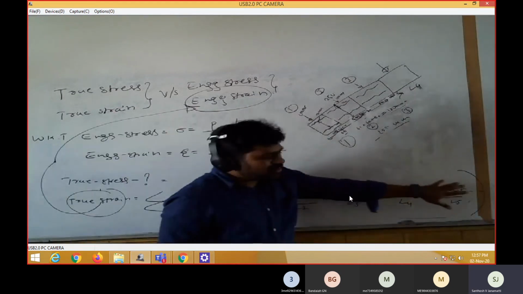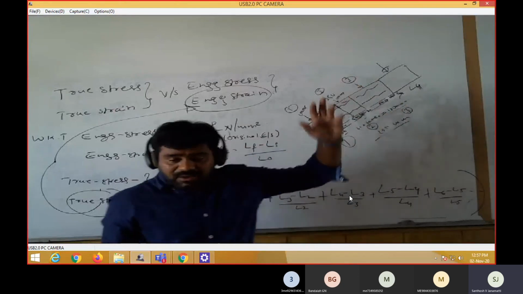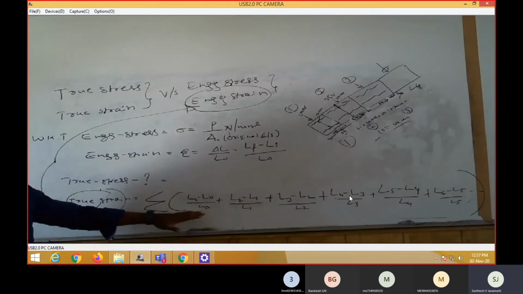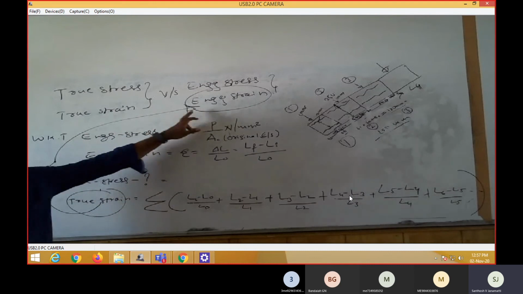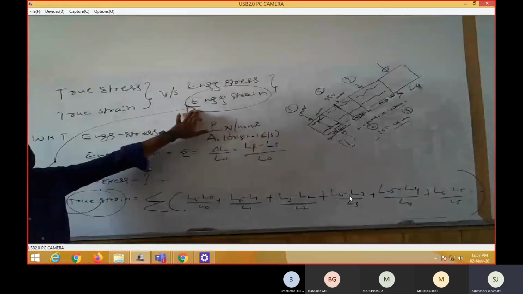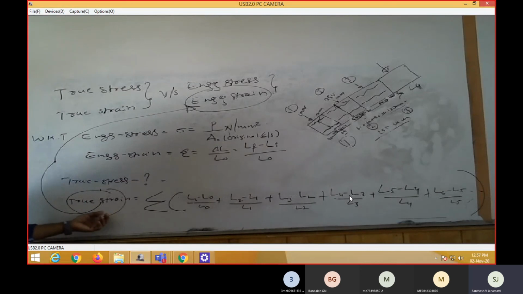It keeps going on and is difficult to calculate in this format, so we will convert it into a small formula by deriving it. That is the relationship between true strain and engineering strain.